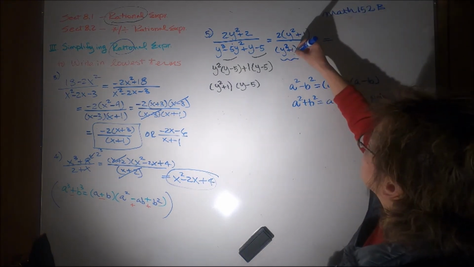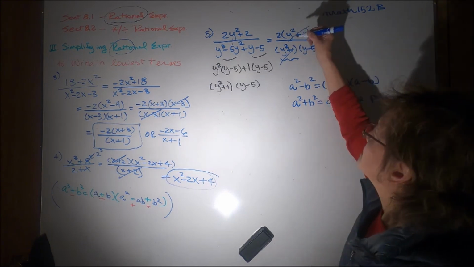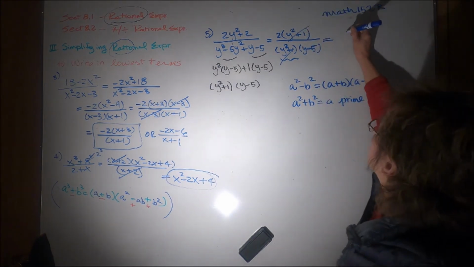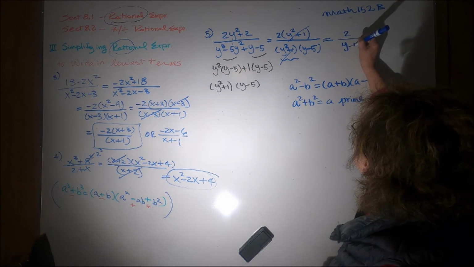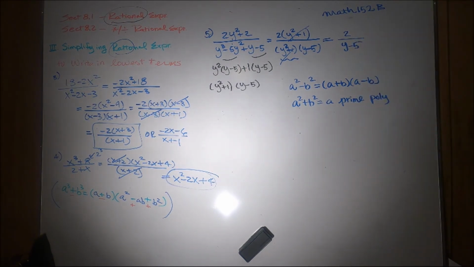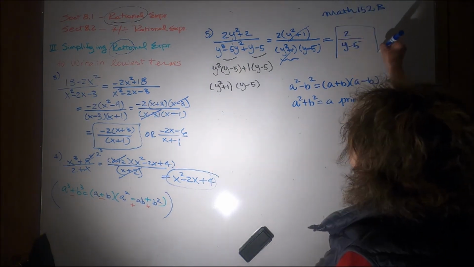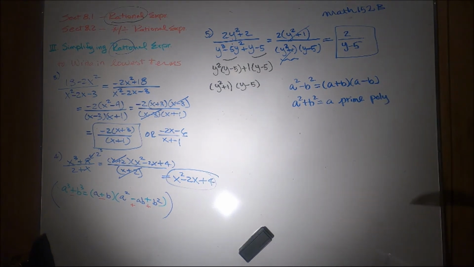So you cannot break down anymore, but you can cross cancel for that. So the final answer will be 2 over y minus 5. Are we good?